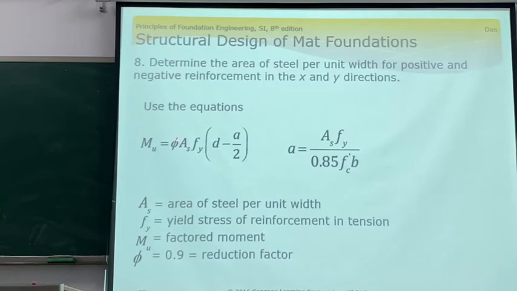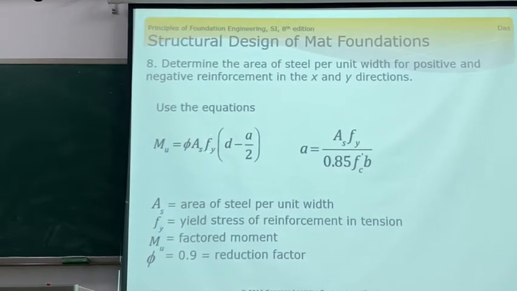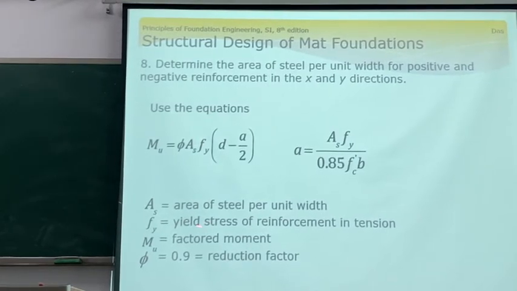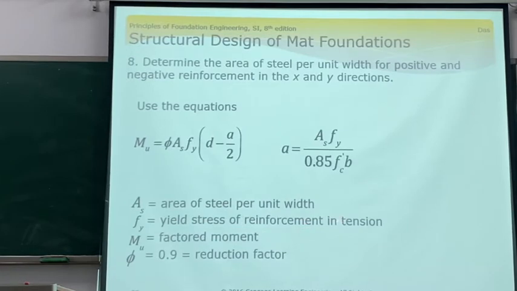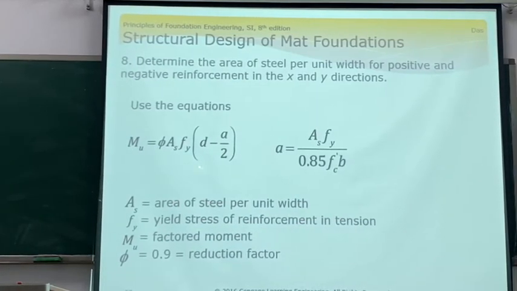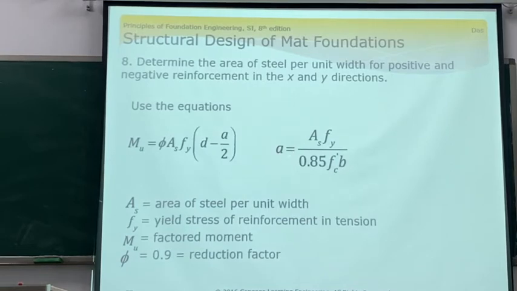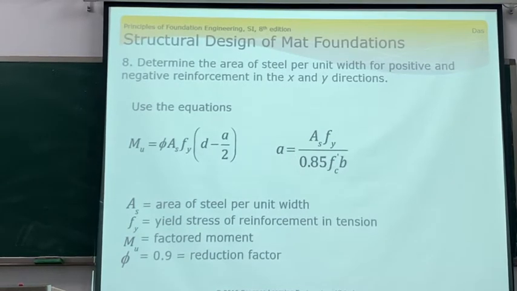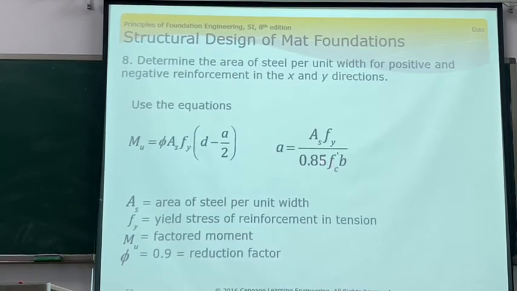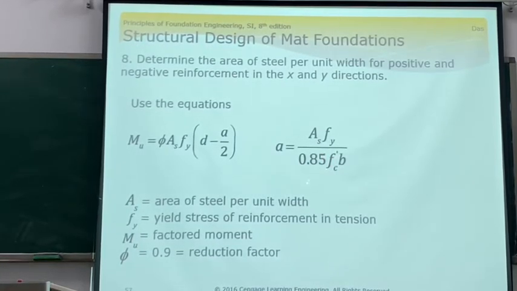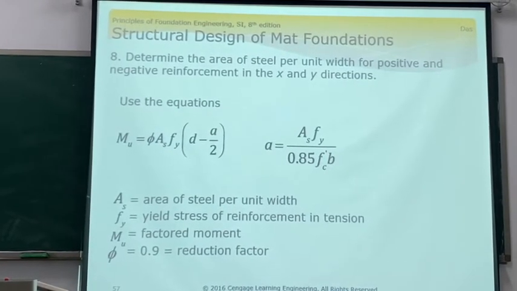As is the area of the steel per unit width. fy is the yield stress of the reinforcement in tension. This is about the a. And this is the stress of the concrete, the effective compression.